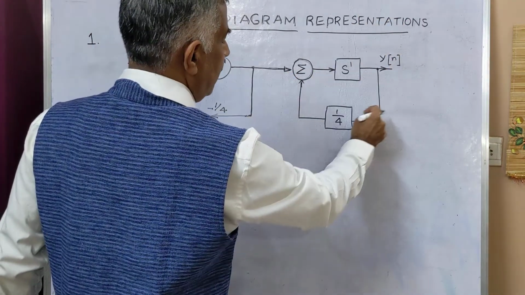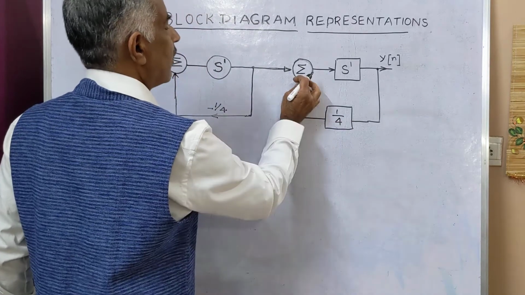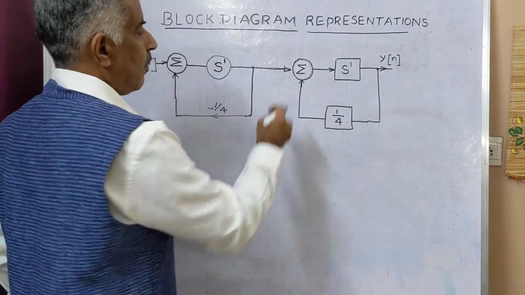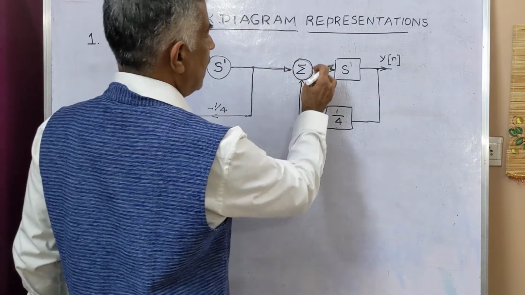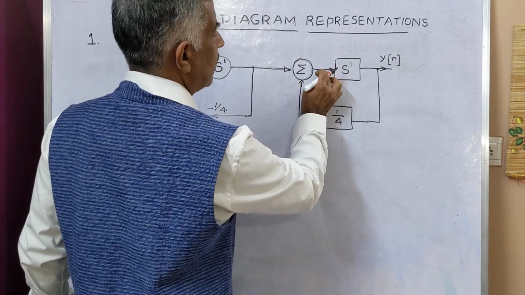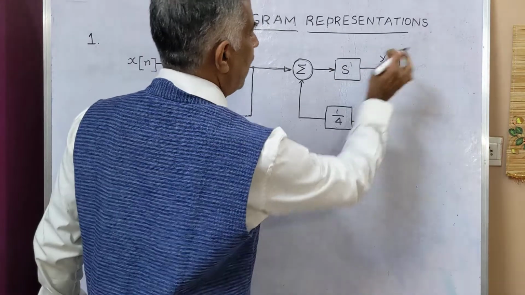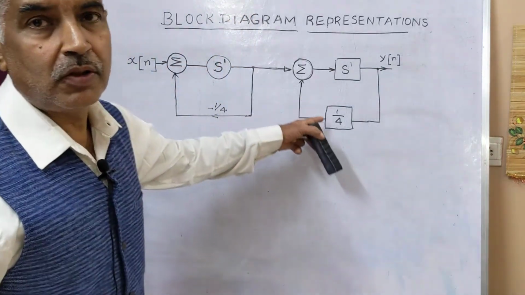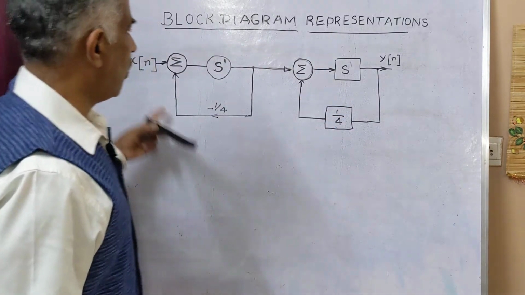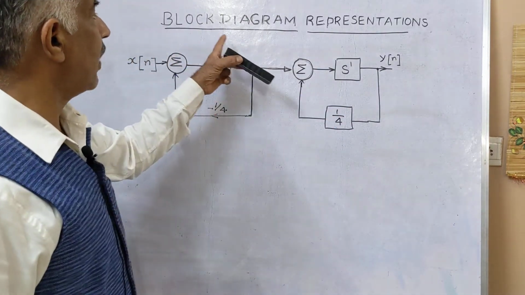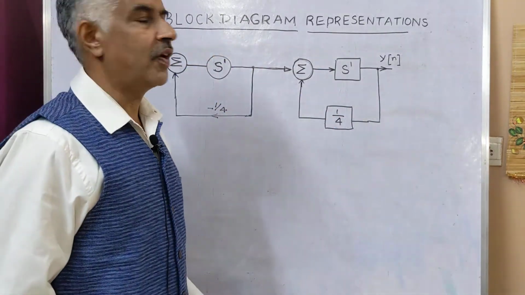The final output is multiplied with 1 by 4 and fed to the summer, which also receives the signal here. The summation is shifted by 1 unit, and this is also a feedback connection. For this block diagram you have to write the difference equation.